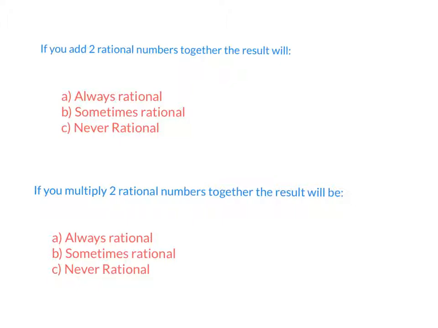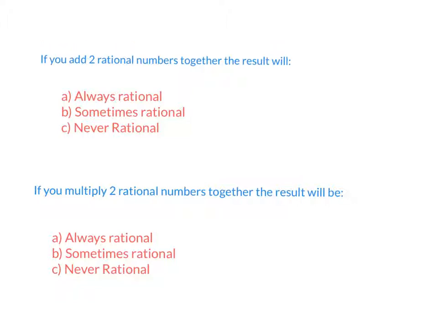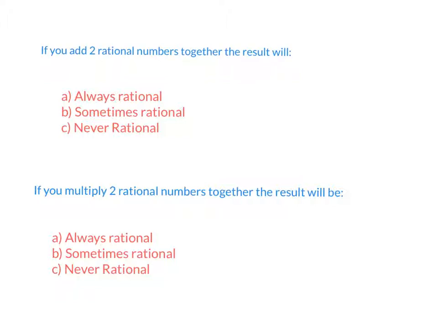So we can get the never rational out of the way right away, because we can just pick one. We can just pick 1 plus 2, and that gives us 3. So right here we have a rational number plus another rational number, and it's equaling a rational number. So let's get rid of this one right off the bat. Now we're down to always rational or sometimes rational.